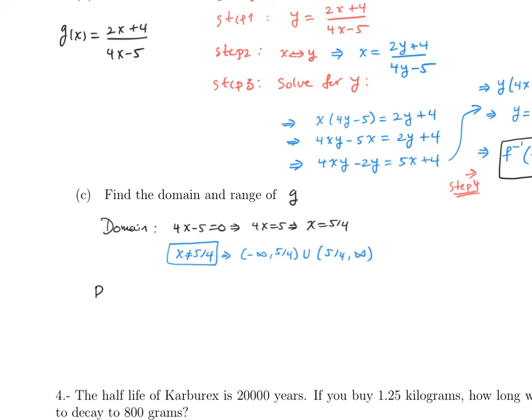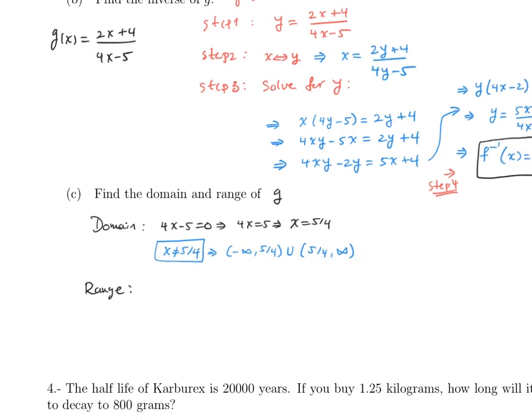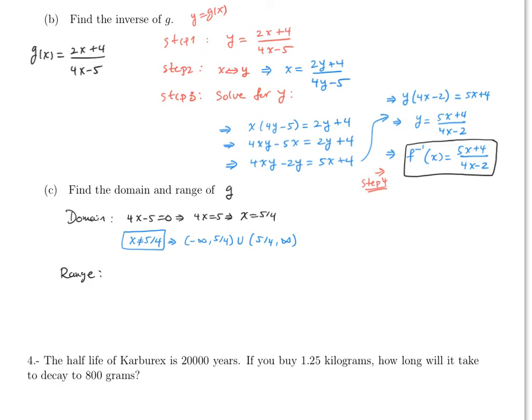Now the range is a little more tricky, but if you remember from the inverse functions, note in case you didn't catch this anywhere in the lectures, if you have f and f inverse, every function has a domain and has a range.